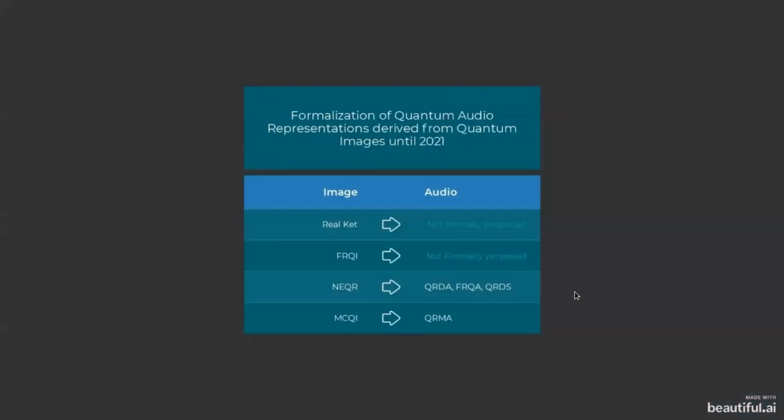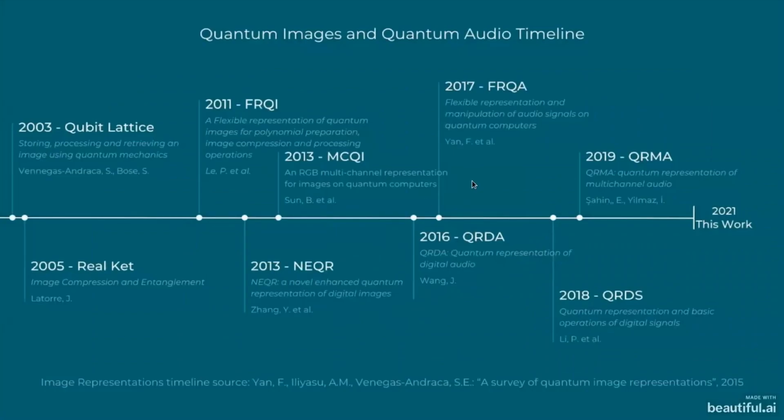So I have this summarized in a table, and I can show here how the quantum images have influenced the quantum audio representations historically. And we can clearly see that there is still some kind of gap on the propositions of quantum representations, since these were proposed later in the timeline.